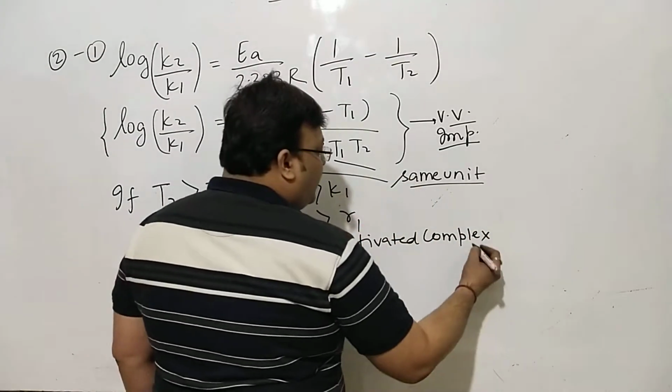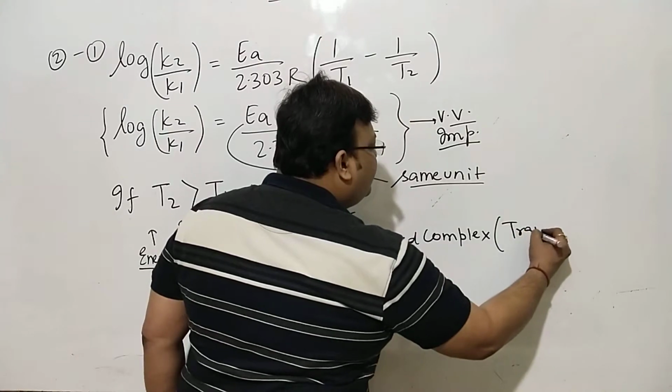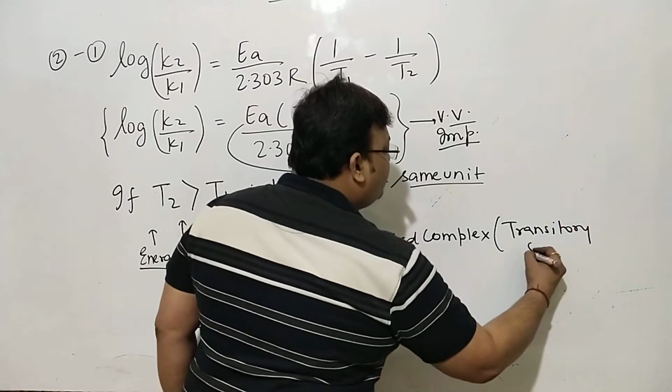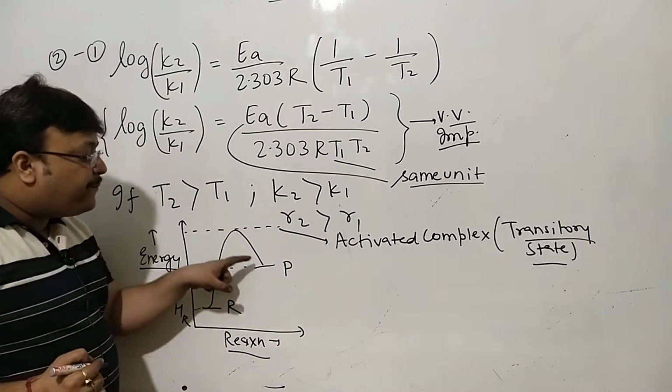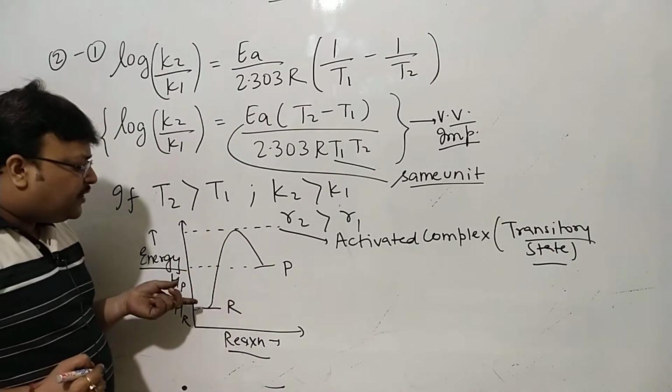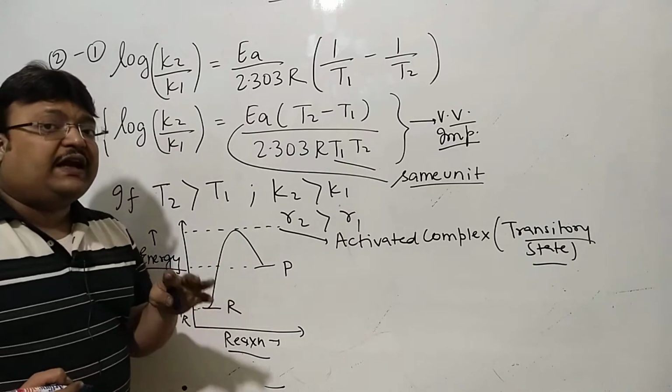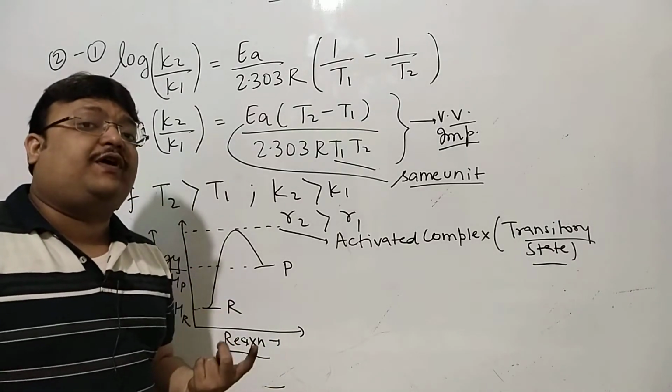In organic chemistry, you also call it the transitory state. Now see, this is what happens for a reactant to become product. If this is the energy profile, it's called the energy profile of a reaction.